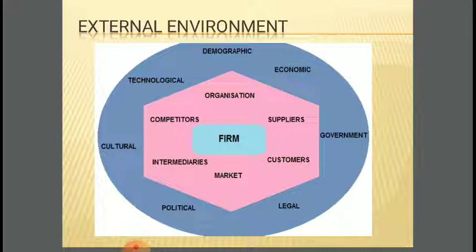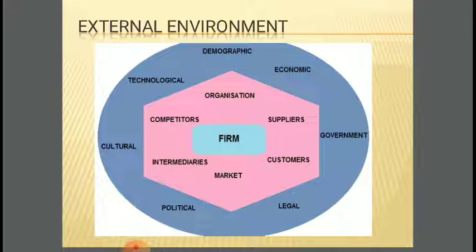Here three circles are there: firm, then this supplier customer environment and this demographic economic environment. If you compare only two circles, that is the firm's environment and this outsider, that is supplier and customers environment, then the firm's environment, meaning internal environment, will be considered as micro environment, whereas supplier and customer will be considered as macro environment.